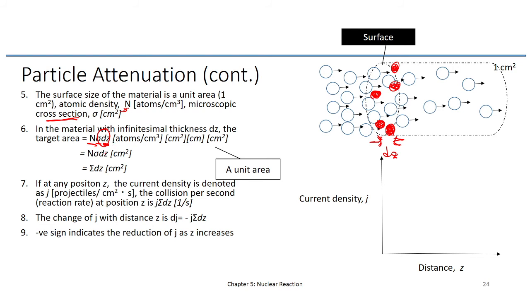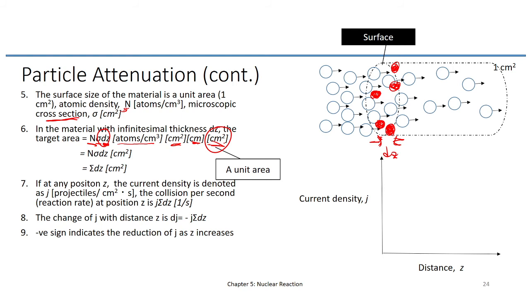The unit of N is atoms per cubic centimeter, sigma is square centimeter, and dz is centimeter. But don't forget that the surface of the cylinder is unit area, which is square centimeter.